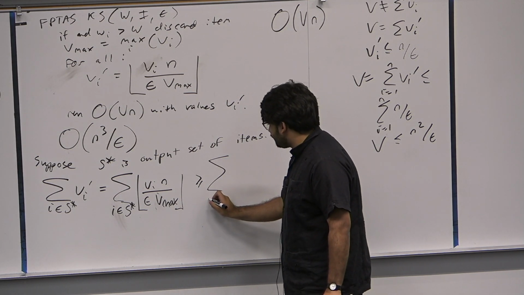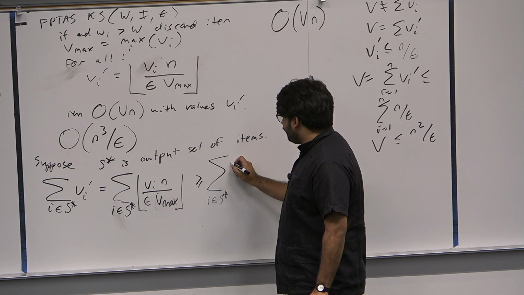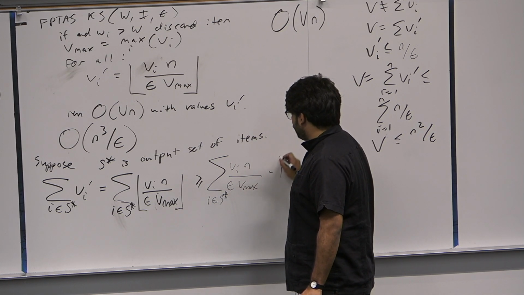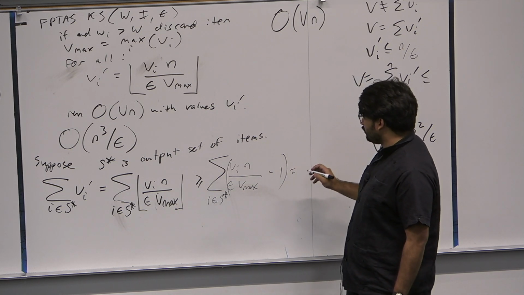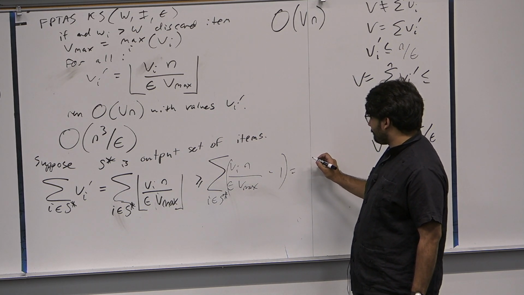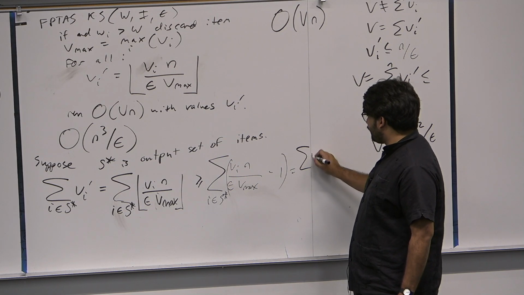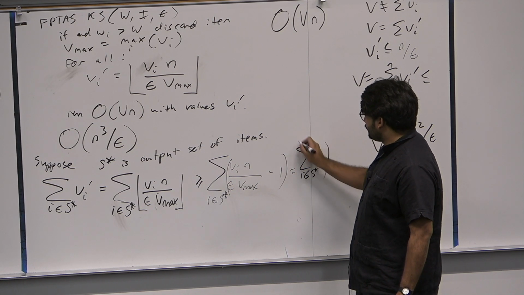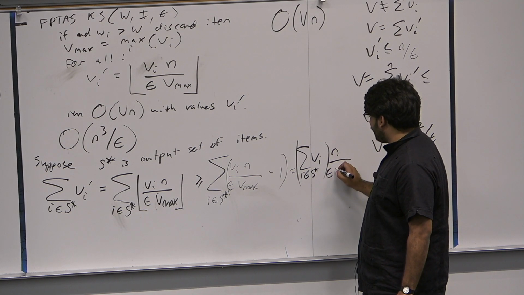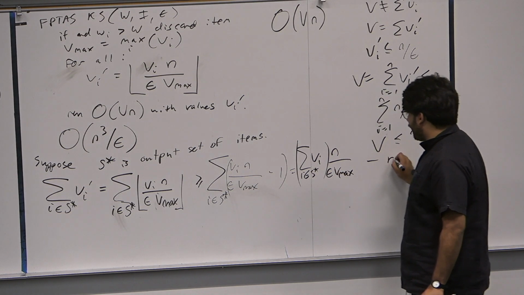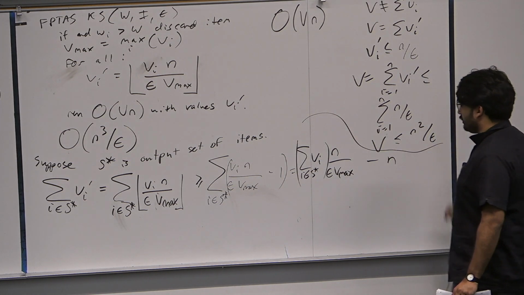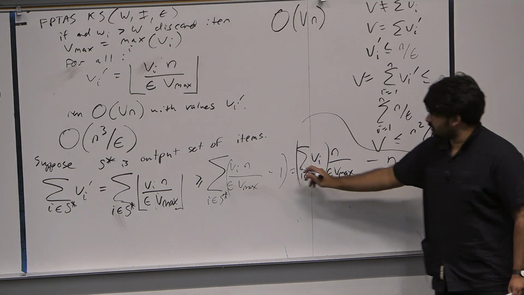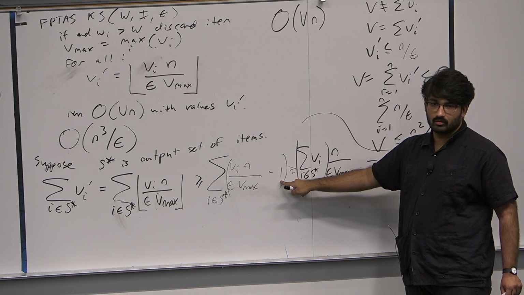So we can say that this is, for i in S star, vi n over epsilon v max minus 1, which is equal to the sum of vi, i in S star, times n over epsilon v max minus n. Sorry, this should exceed this, because we don't know how many items are chosen here, right?